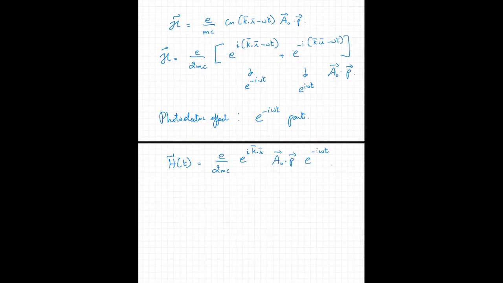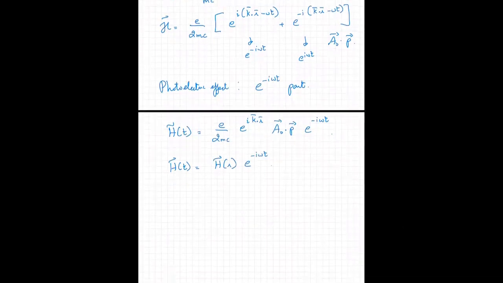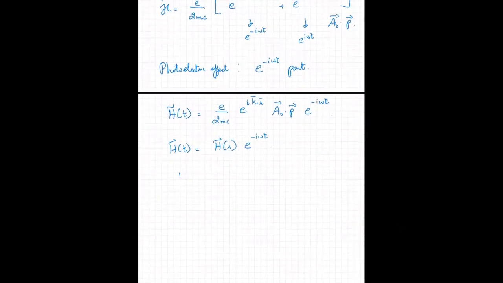Okay. So H tilde of t is basically H tilde of r e to the minus i omega t. This is exactly the same form as we used for the Fermi's golden rule derivation. In our case, the H tilde of r is of course given by e over 2mc e to the i k dot r A0 dot p.